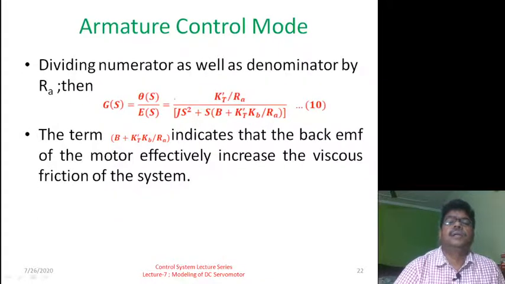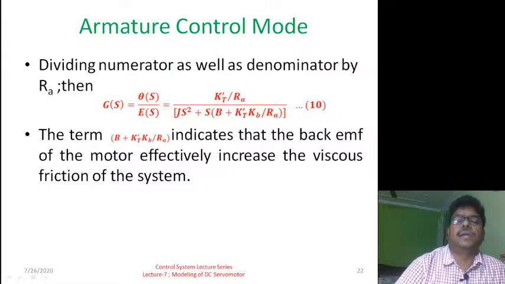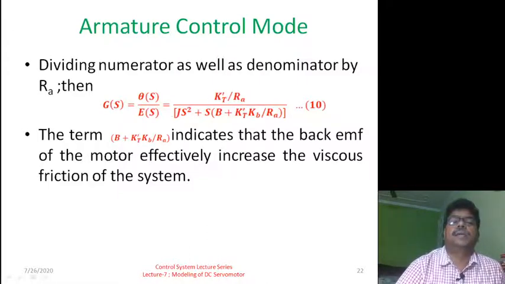Then it can be further simplified by dividing numerator and denominator by R_a, so that can be written as K_t' by R_a divided by J s squared plus s B plus K_t' K_b by R_a.